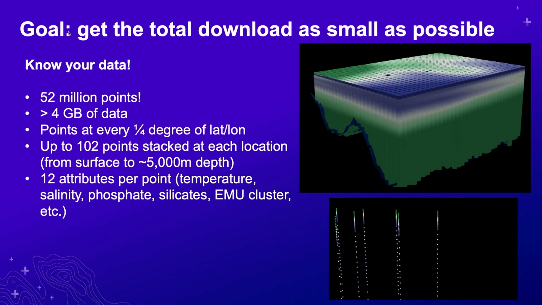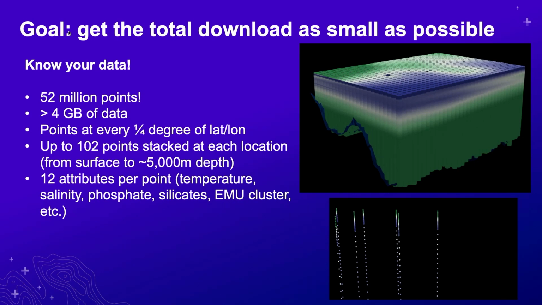So imagine points covering all of the oceans in the world at quarter degree intervals, and then 102 levels of those points. That's how we get so many. And then on top of it all, we have a number of attributes at our disposal that I mentioned to you before. You already saw temperature and salinity in that app, but also a bunch of others.